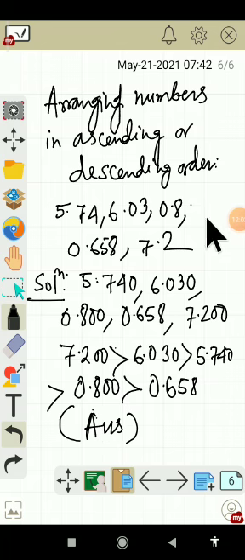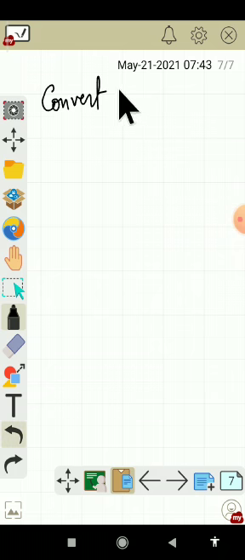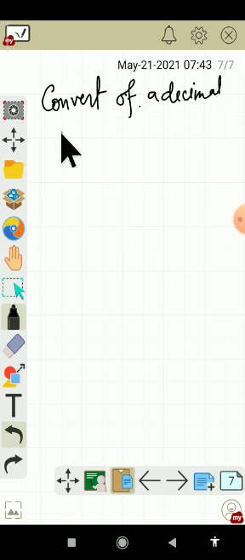So students, this much we know. Now we will see converting a decimal into a fraction.